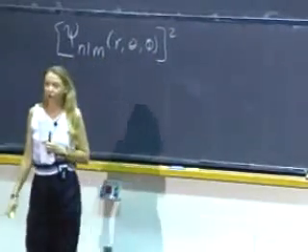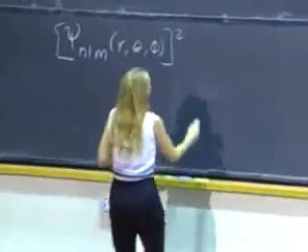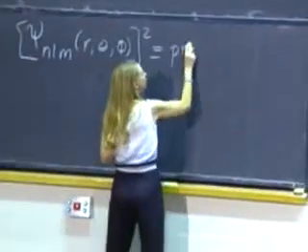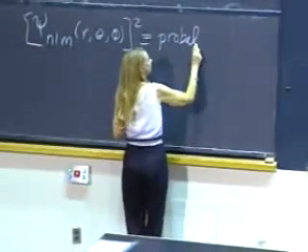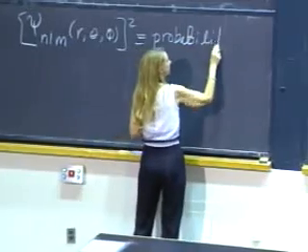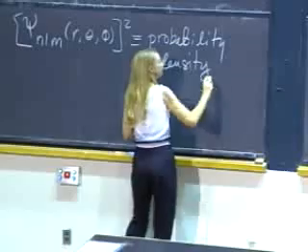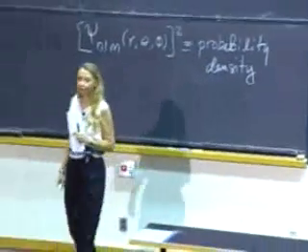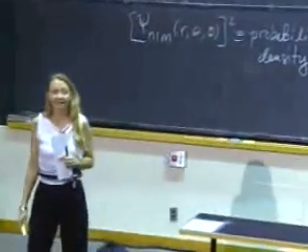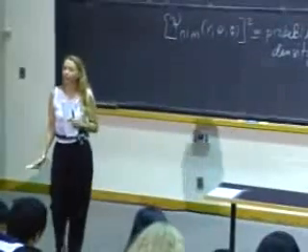That wave function squared was interpreted as a probability density. So the wave function squared has units of inverse volume. It's a density. It's a probability per unit volume.